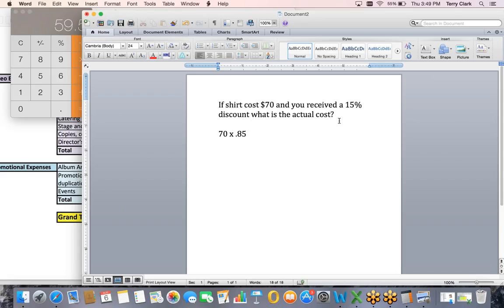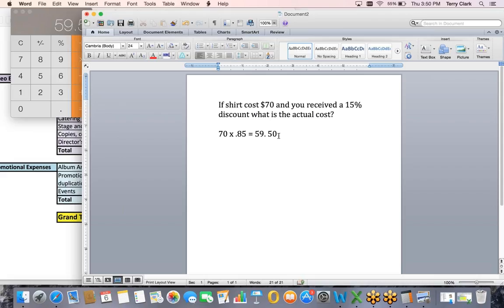If you take the actual cost and the discount and add them together, it gives you 100%. So we got 100% for the total cost and 15% for the discount. 100% minus 15 gives us 85% left for the actual cost. And when we do that, that's how we come up with the 59.50.